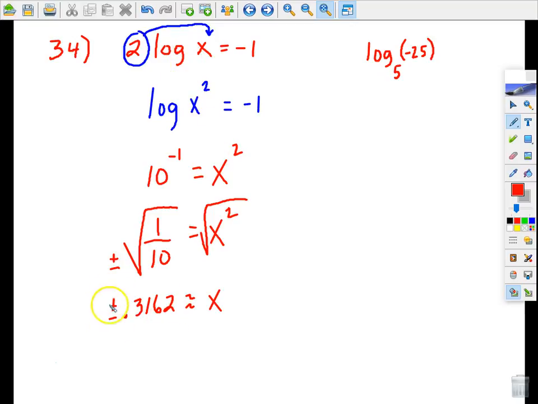So even though we started off with the typical plus minus because we did an even root on both sides, the only good answer here is the positive, because if we check it against the original problem, the negative answer does not make sense, doesn't work. So in cases like that, when you have two answers, you need to take a look at the original. I'm not saying that negative answers never work.